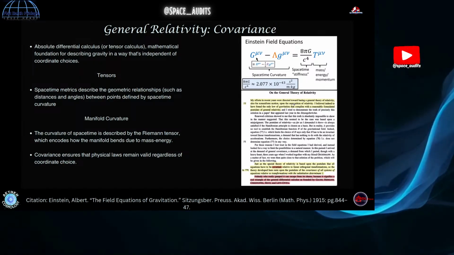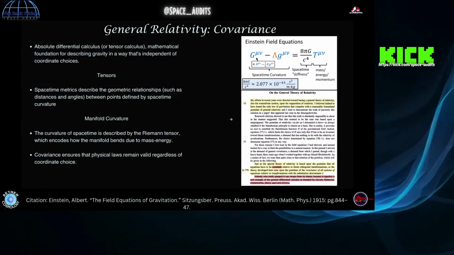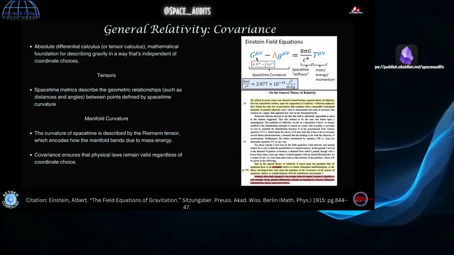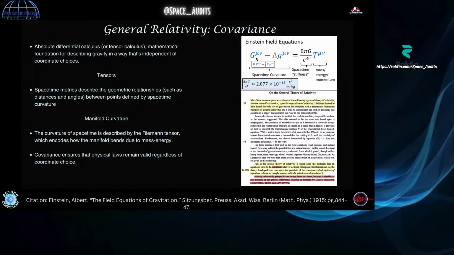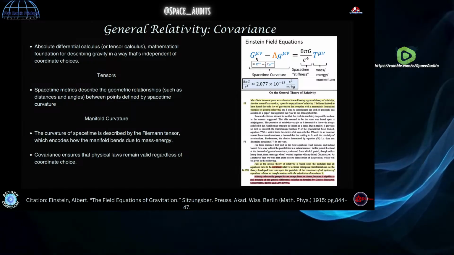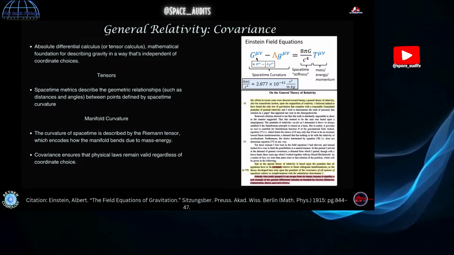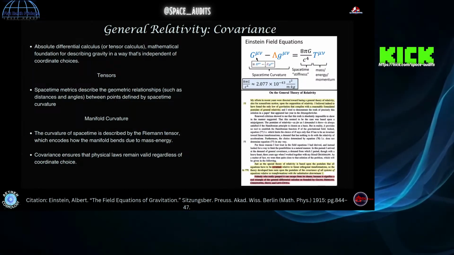Now, we've all seen the example where they have a bowling ball at the center of a sheet, bending the sheet, and they roll balls out and say, look how it's following the curvature. That's obviously not meant to be a physical representation of the bending of space-time.